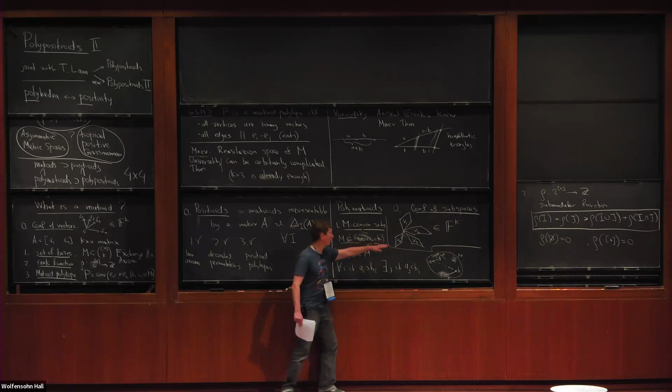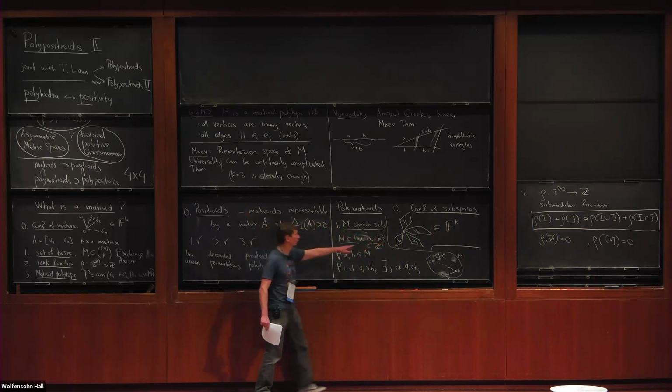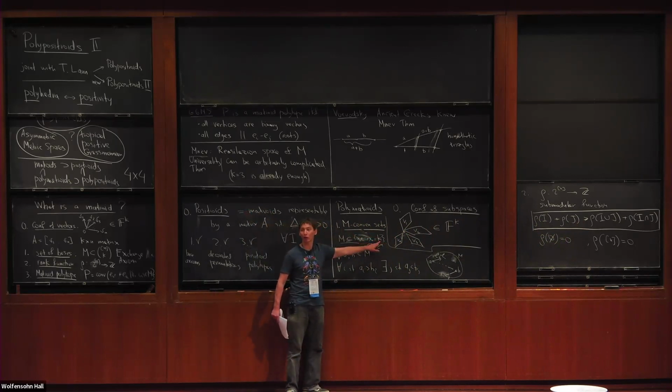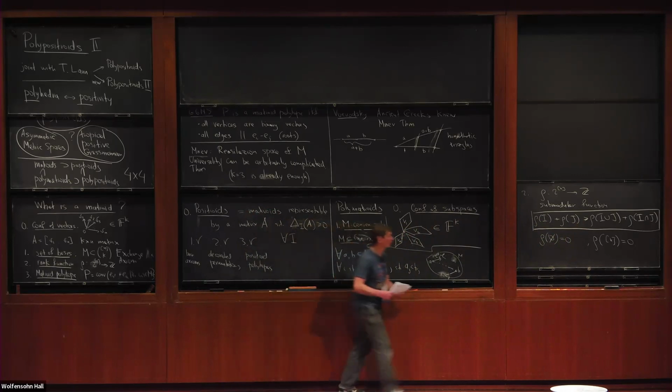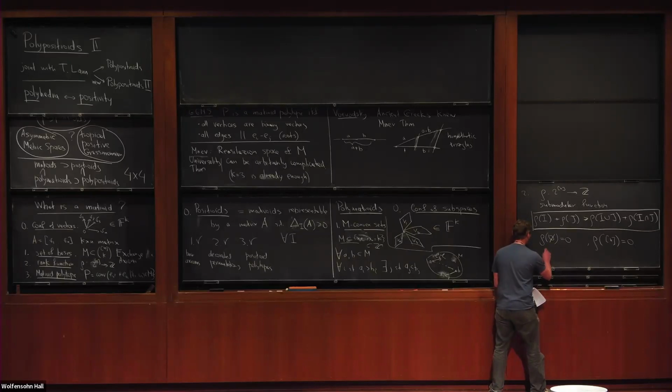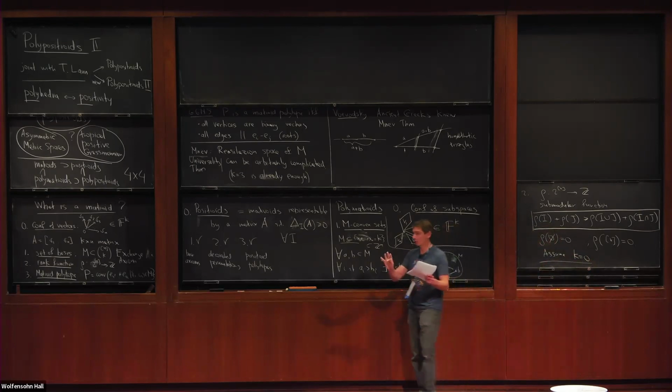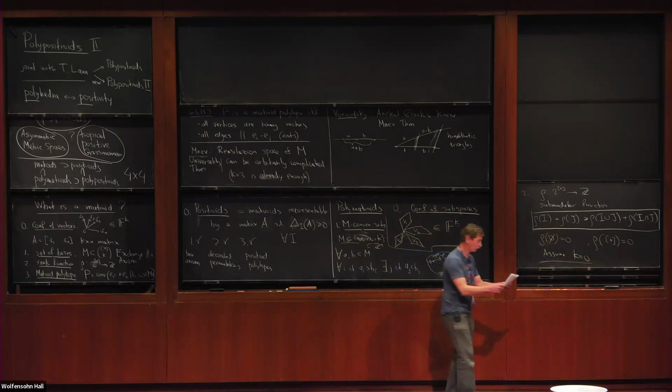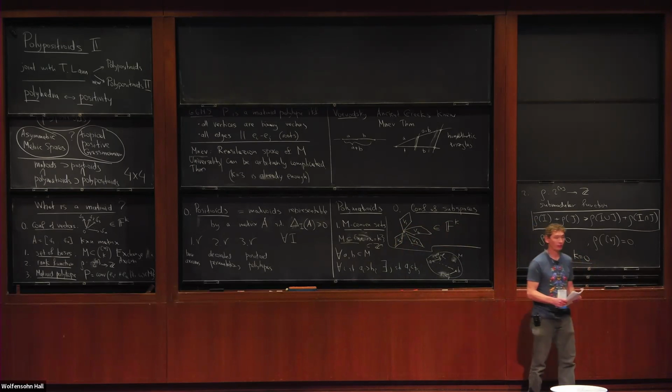So basically, once we go from matroids to polymatroids, we can just assume that k equals 0, since all k's become equivalent. So from now on, I'm going to assume that k is 0. It will be slightly more convenient for us.